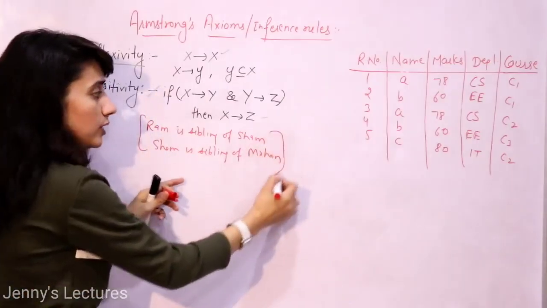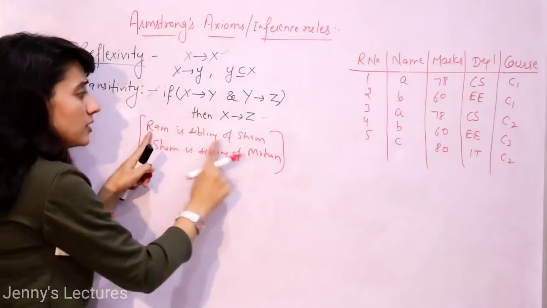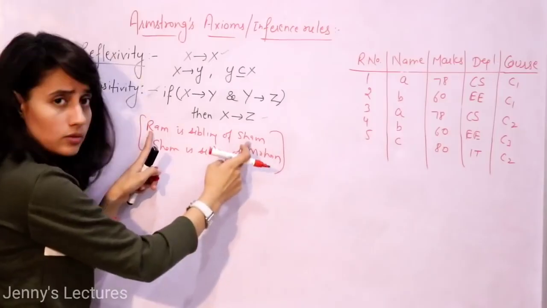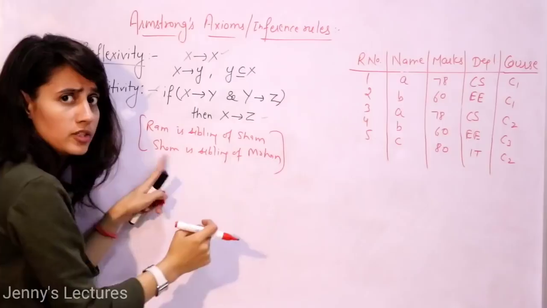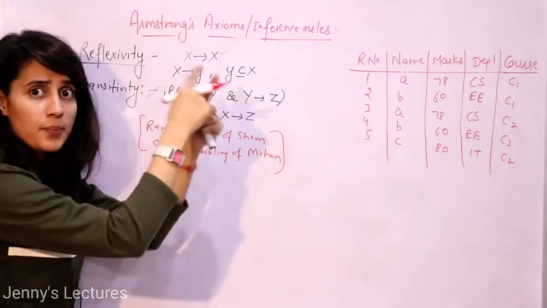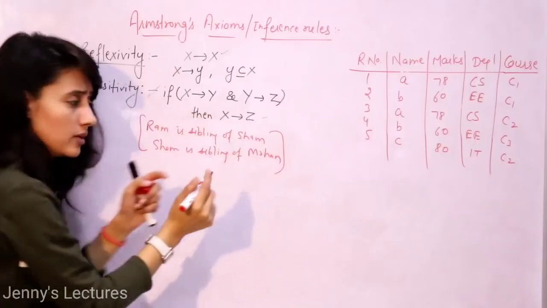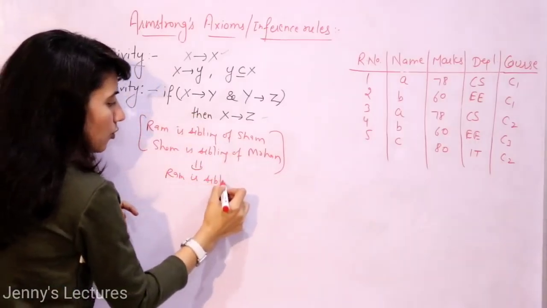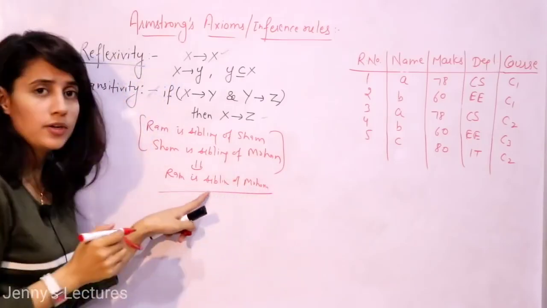So we have these two pieces of evidence, and what can you conclude from them? Ram is sibling of Shyam, meaning you can say brother of Shyam, right? Shyam is sibling of Mohan. Sibling means both have the same parent. Shyam and Mohan also have the same parent. It means, can I say definitely Ram is sibling of Mohan? Yes, sure. That would definitely be true.